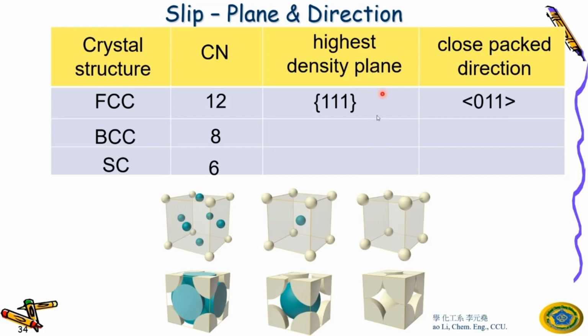As you can see, it is 011, this plane, or this one, right? This is the 011 family. And what's the direction? This direction, right? The close-packed direction is this one. So what is this? 111.